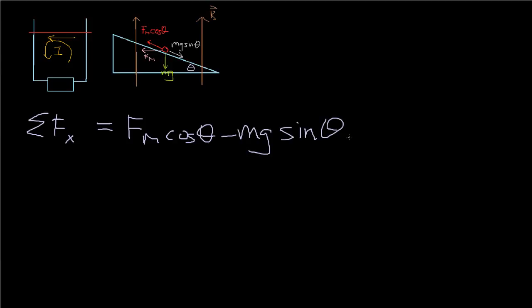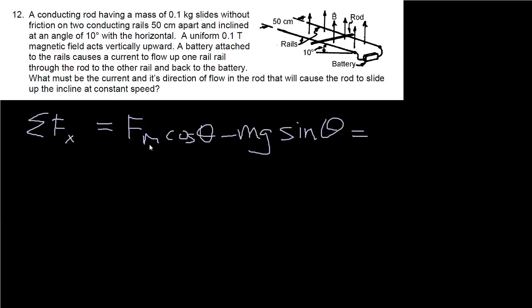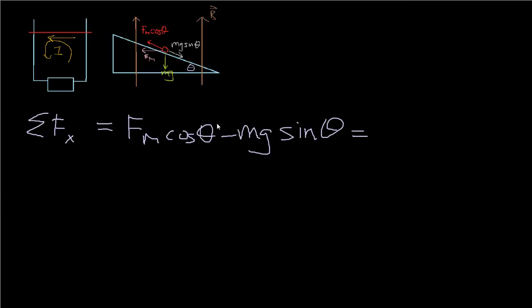And since our acceleration is 0, because as the question said, we just want the rod to slide up the incline at a constant speed, that means there's no acceleration and therefore no net force. So these two terms are supposed to balance out. Let's put a big 0 right here.